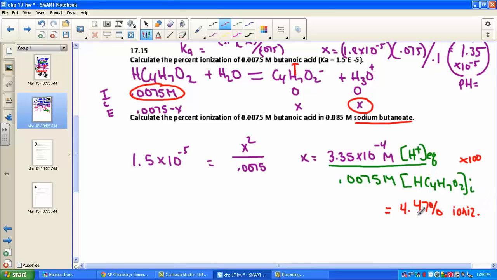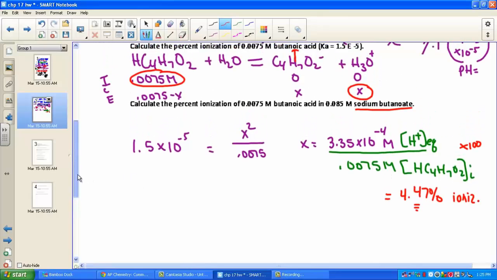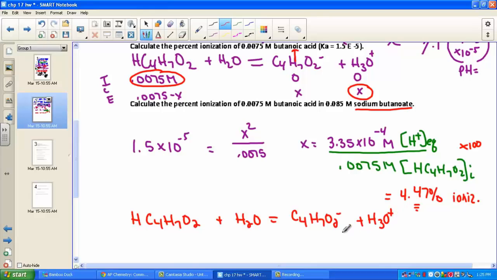So I suspect by the time we're done, we should have decreased the ionization through the concept of the common ion. So we have the same setup. Let me put that back up. We have HC4H7O2 in equilibrium with its conjugate base and the conjugate acid of water.